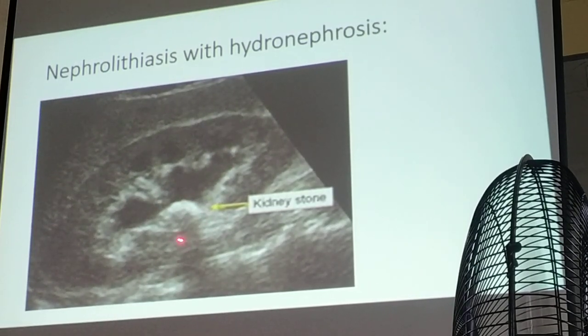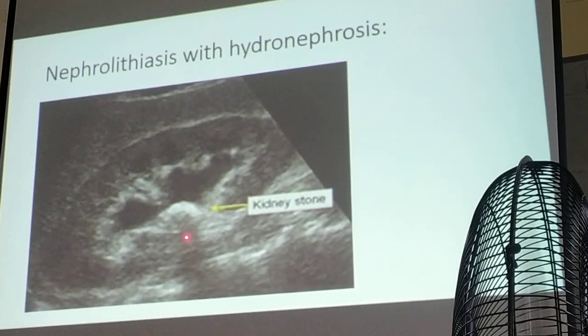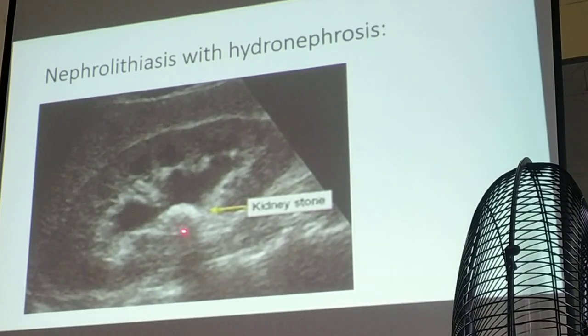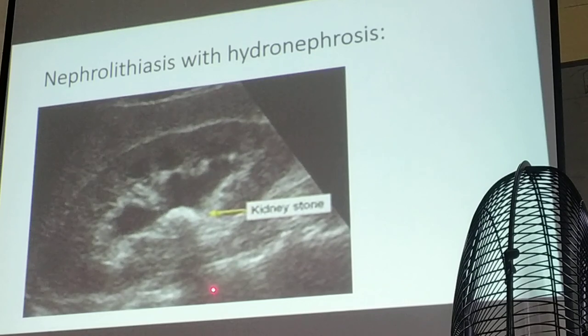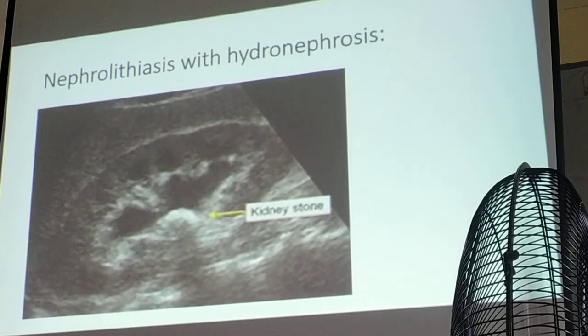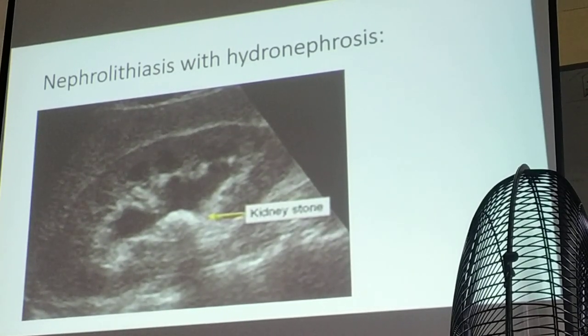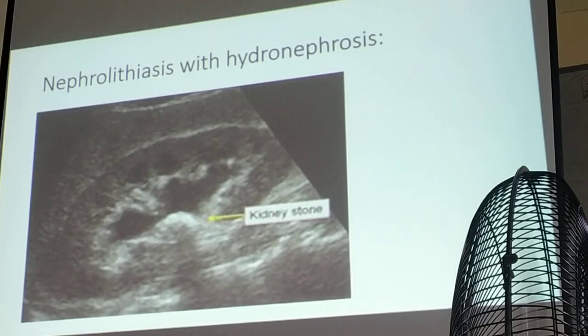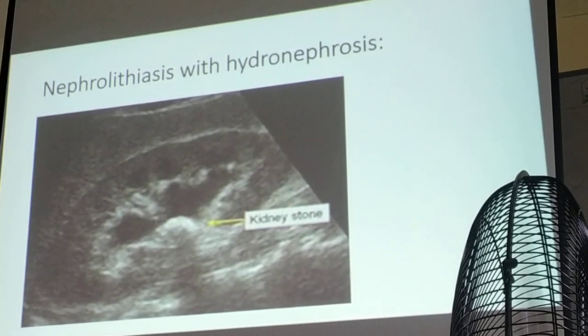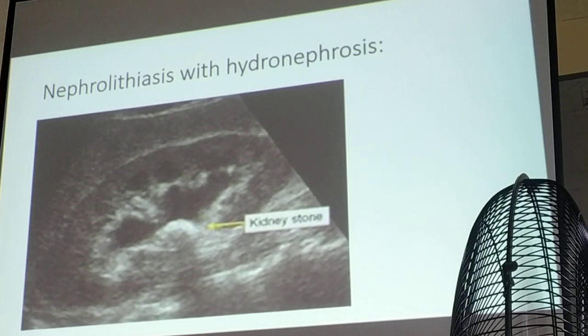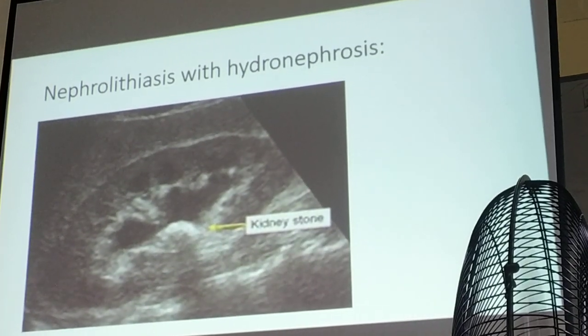There's an obstruction on the pelvic area that is your stone. There is a posterior shadowing observed. Okay? So the main culprit here is your renal stone, causing the obstruction.